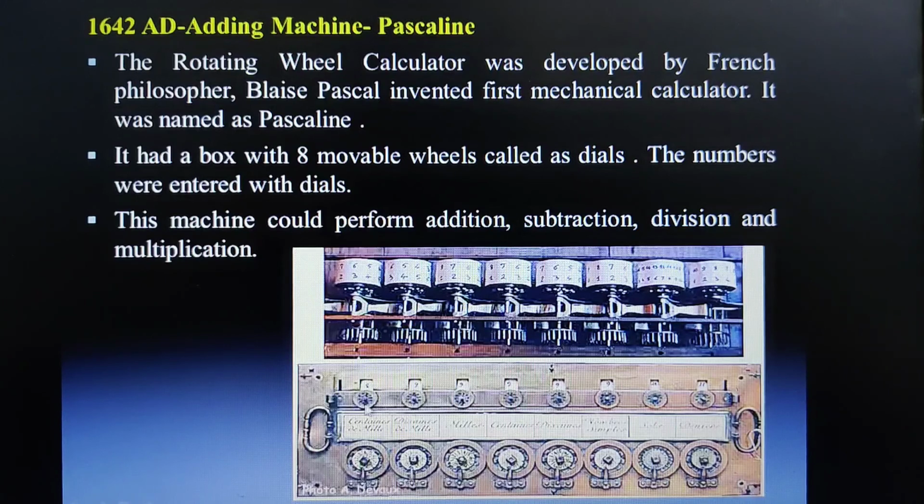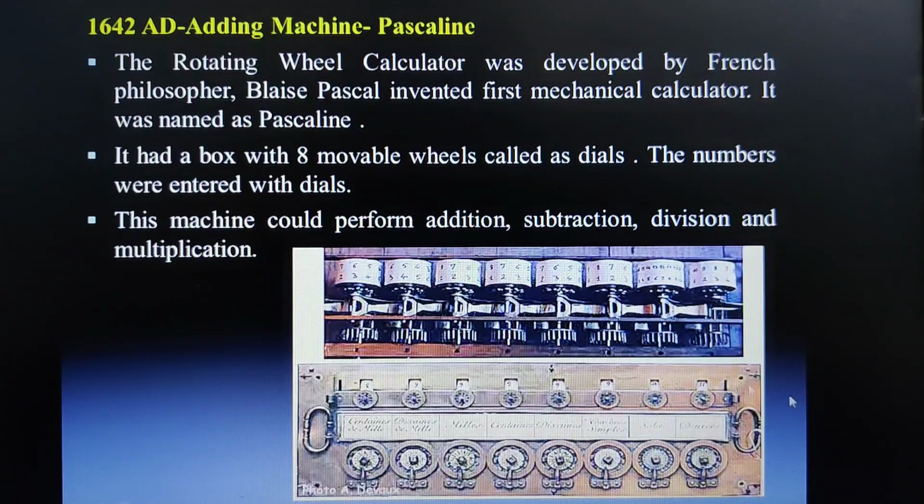The numbers were entered into this machine using these dials, and it was developed to perform addition, subtraction, division and multiplication using gears and levers. This machine was able to calculate with bigger numbers, in the thousands.